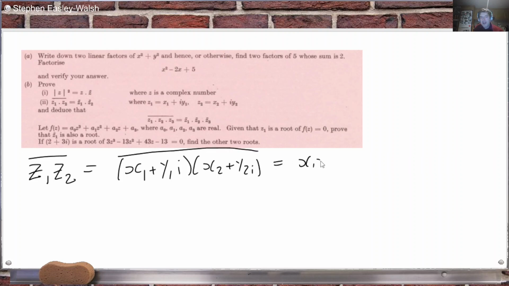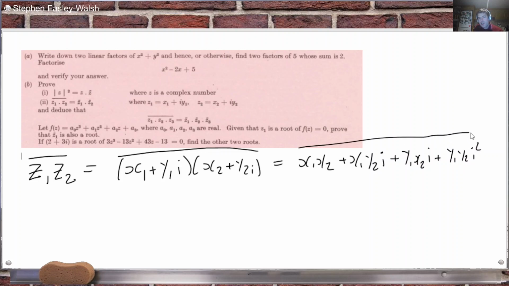That's going to be x1 x2 plus x1 y2i plus y1 x2i plus y1 y2 i squared, conjugate. So that's going to be x1 x2 minus y1 y2 minus x1 y2i minus x2 y1i.